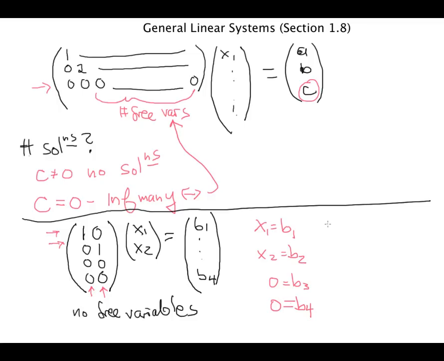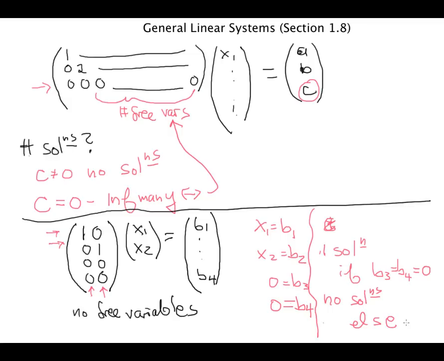So the answer is there's one solution if b3 and b4 are both 0, and no solutions otherwise.